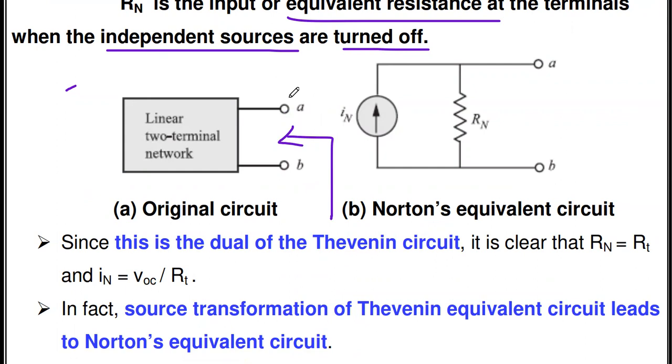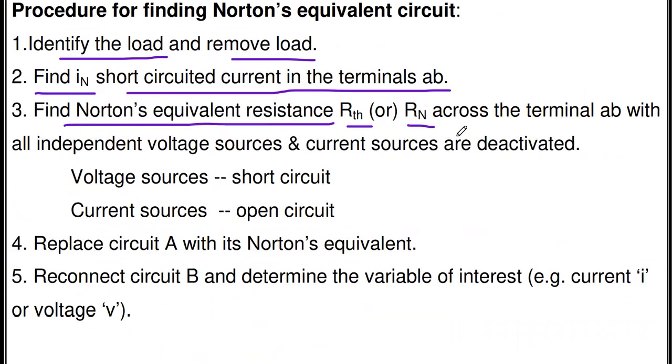That is Norton's equivalent resistance. So using series combination, parallel combination, or star to delta, delta to star conversion process, you may reduce this entire network into one single resistance. Okay, that is said to be the Norton's resistance.